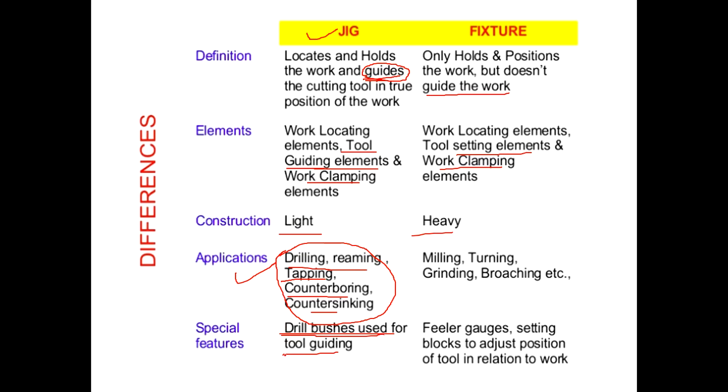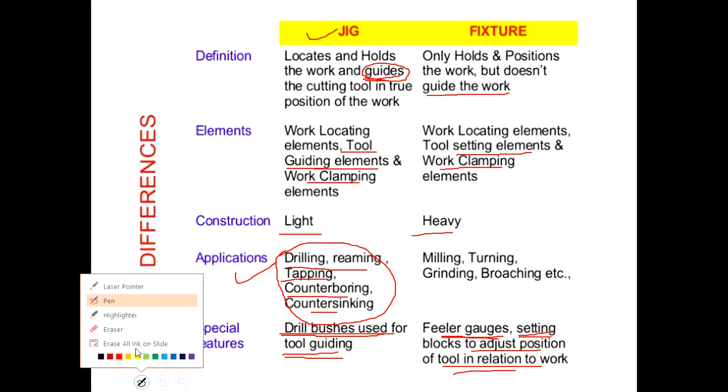These drill bushes will be used in the jig to guide the cutting tool. Whereas in a fixture you can have feeler gauges and setting blocks to adjust the position of the work. A setting block is used only at the start of machining. So these are the special features in the case of a jig and fixture.